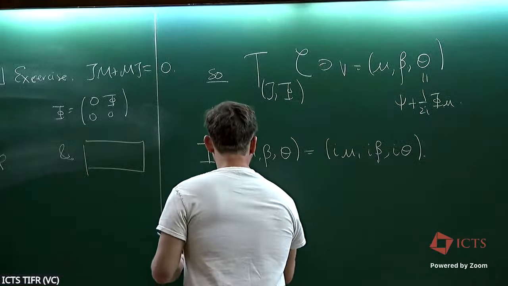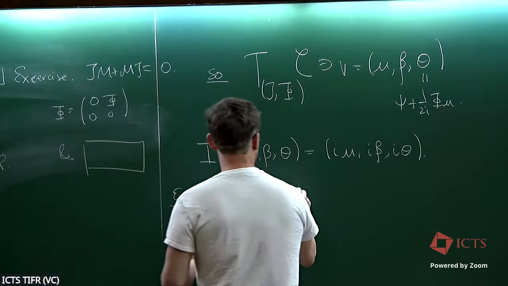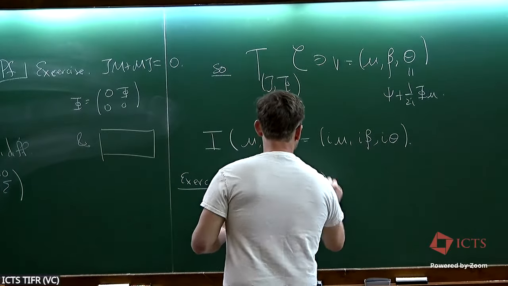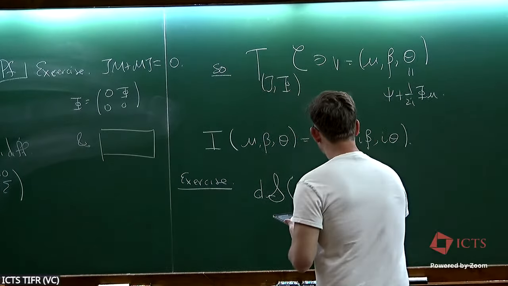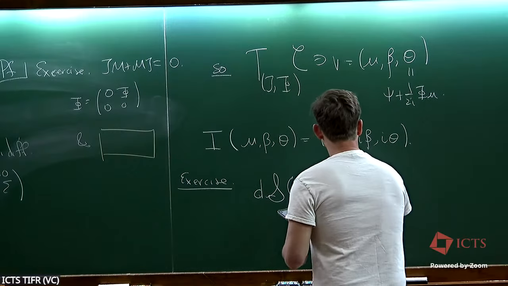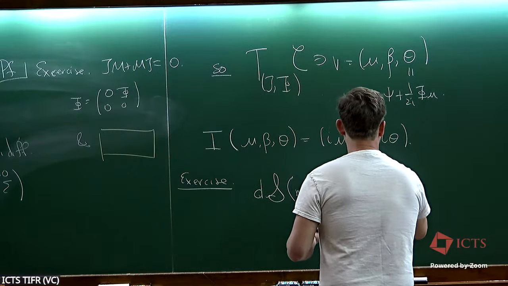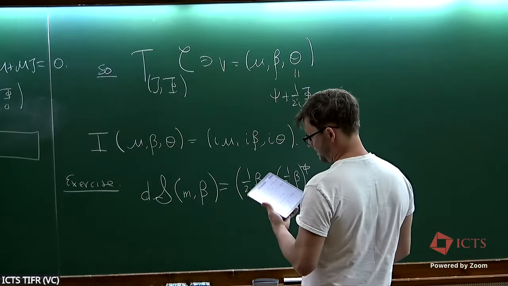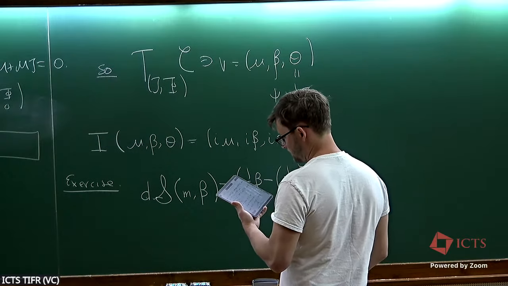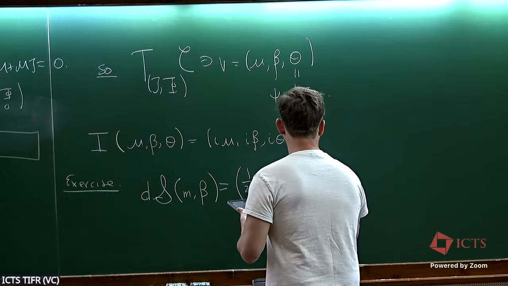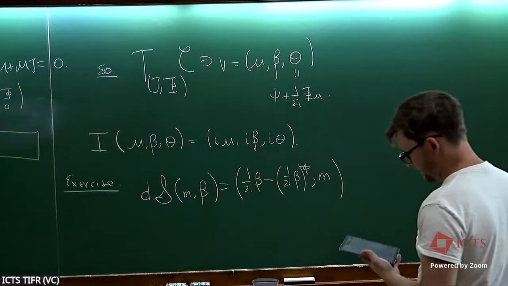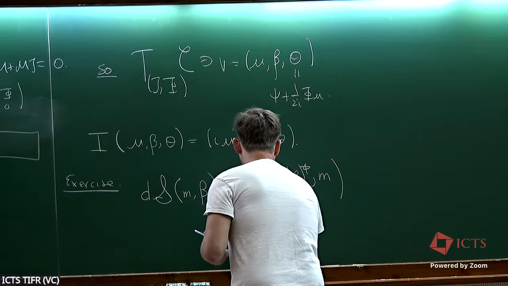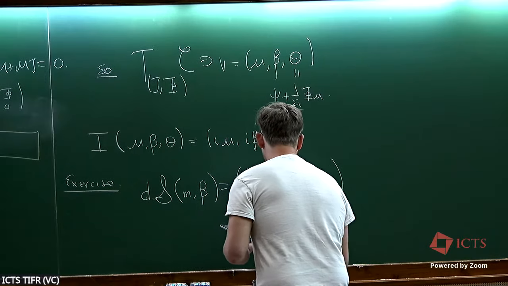So as an exercise, the derivative of the map S on a vector big M, which I'm going to decompose as a little m and a beta, is equal to 1 over 2i beta minus 1 over 2i beta star, comma m. I haven't talked about adjoints yet, but we'll get there in a second. And this is our second factor of 1 over 2i, that is annoyingly showing up.